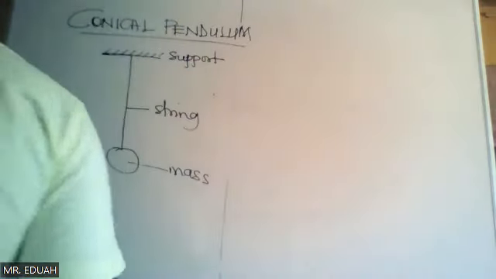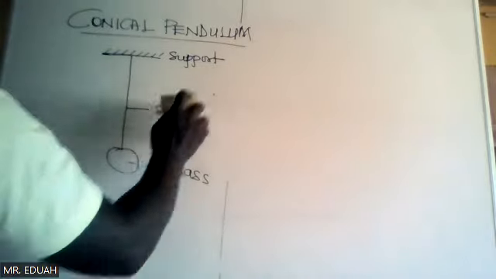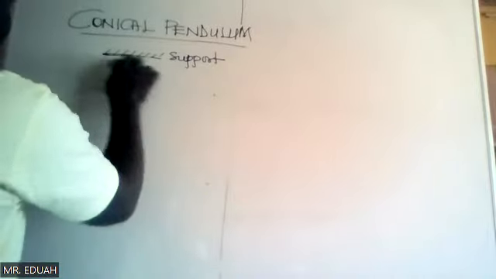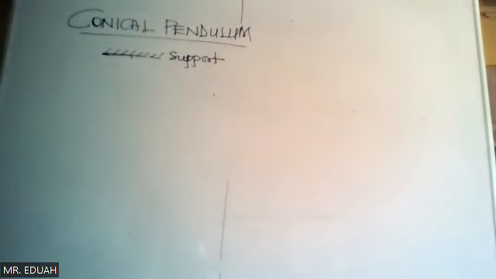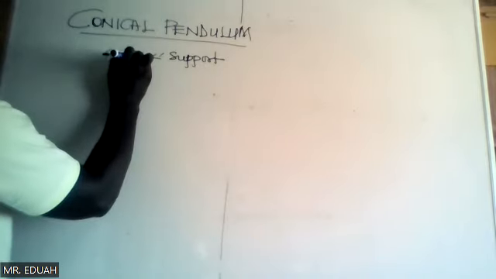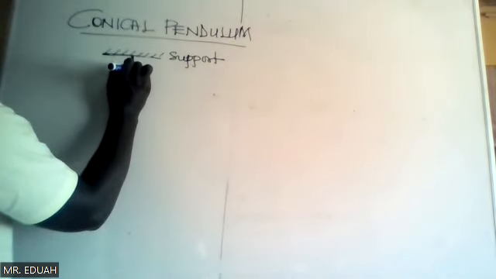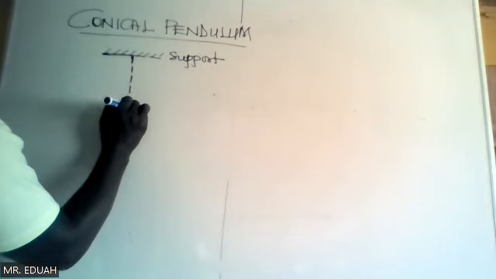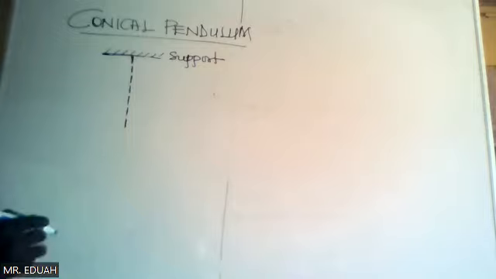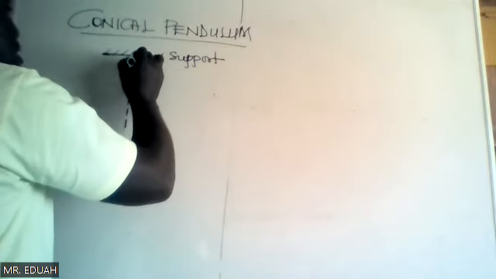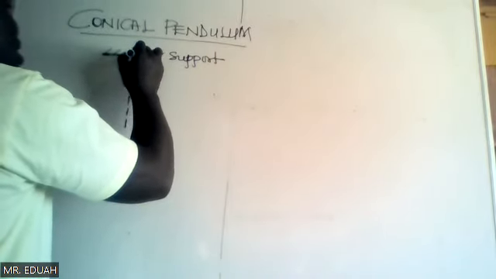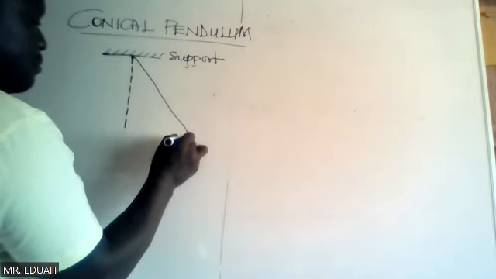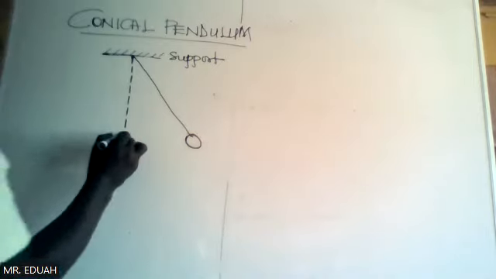Let me draw something. So this is the support. This is an imaginary vertical which I use the marker to represent. Then this is the string that is given a small angular displacement theta.